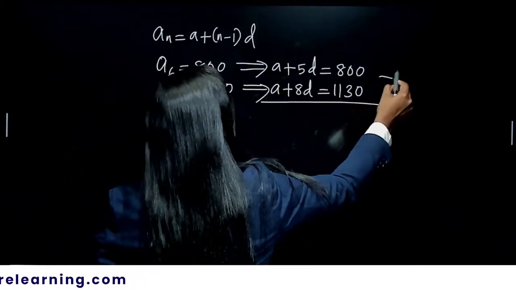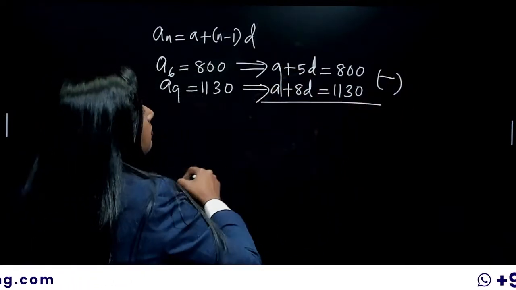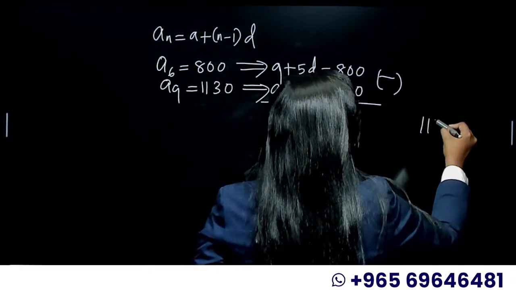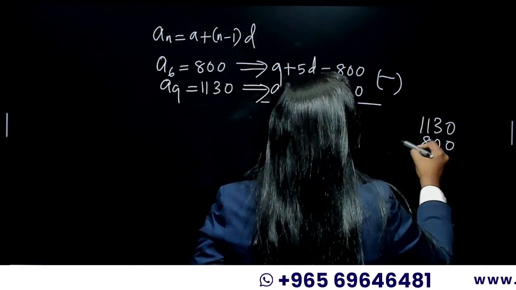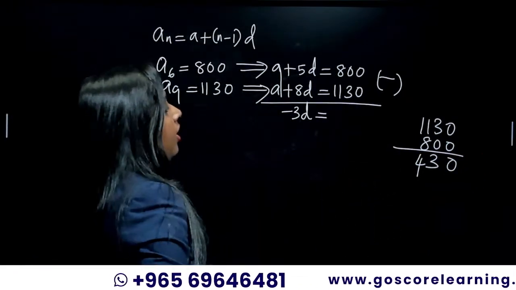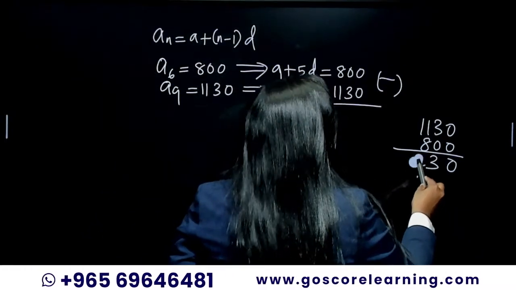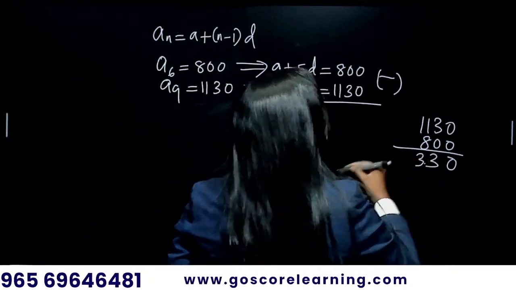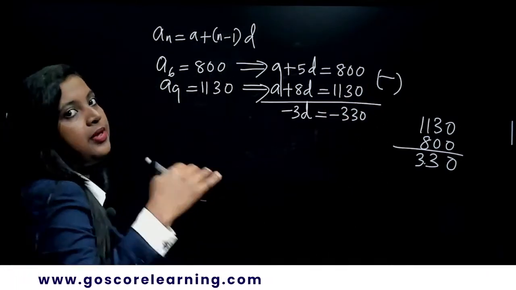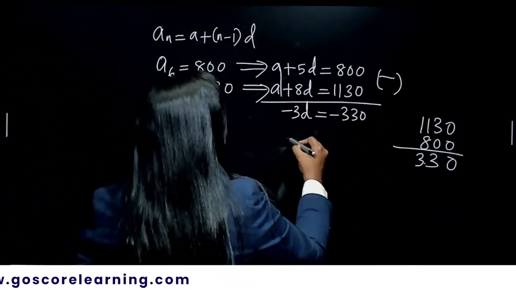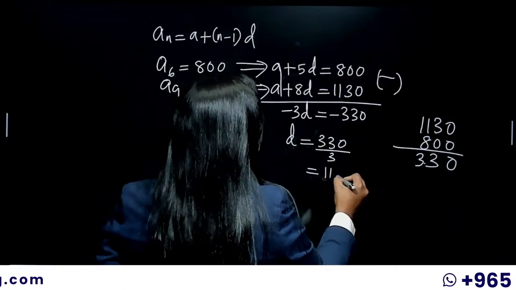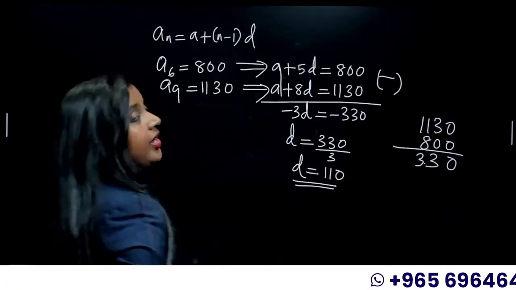So A minus A is 0, 5D minus 8D is minus 3D, and 800 minus 1,130 is negative 330, because we are subtracting the bigger number from the smaller number. So D is going to be 330 by 3, which is 110. So we got D as 110.